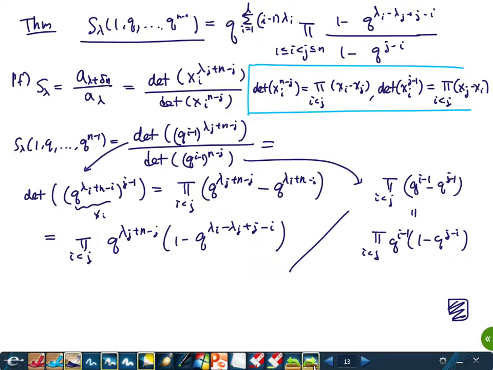I'm not sure if I can fix this right now. There is some mistake, but this can be fixed. Do you know what I mean? Yeah, let me just do this anyway. There is some kind of mistake, but we should be able to fix this.